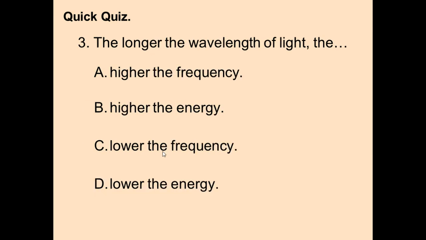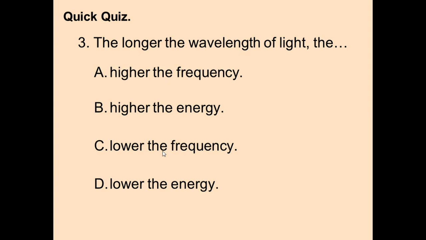The longer the wavelength of the light, the A. higher the frequency, B. higher the energy, C. lower the frequency, or D. lower the energy. Well, if you remember just a brief sketch of the electromagnetic spectrum, radio waves are on the left side, and they have the long waves.